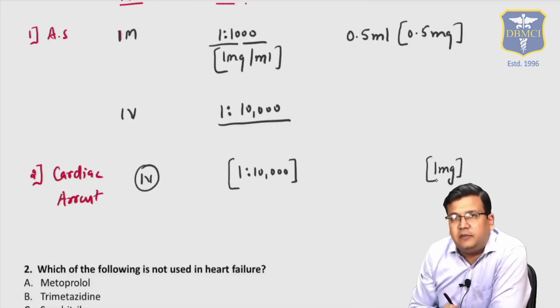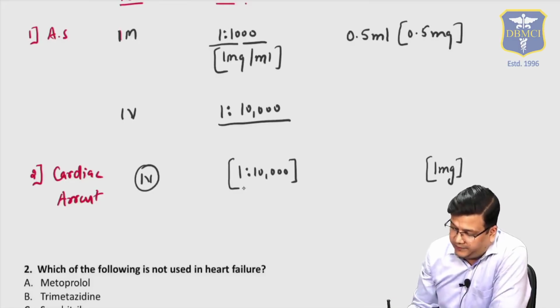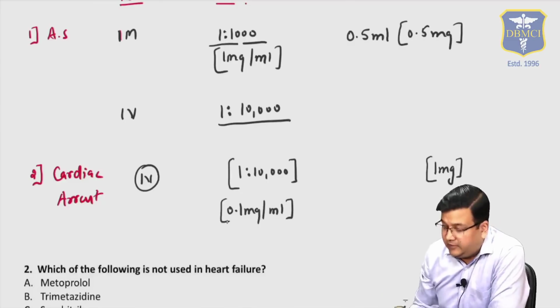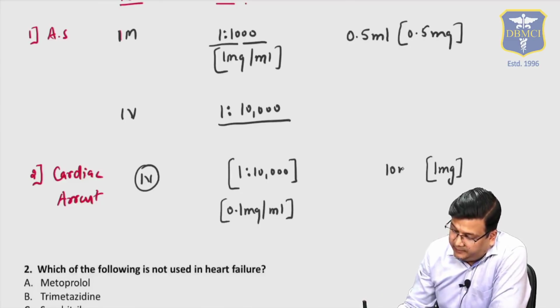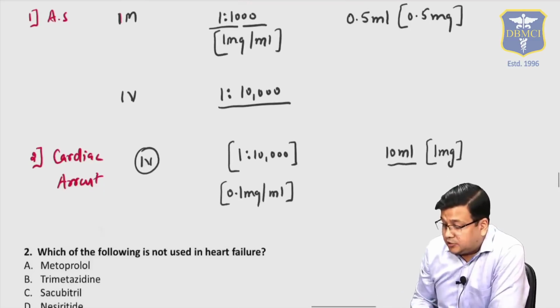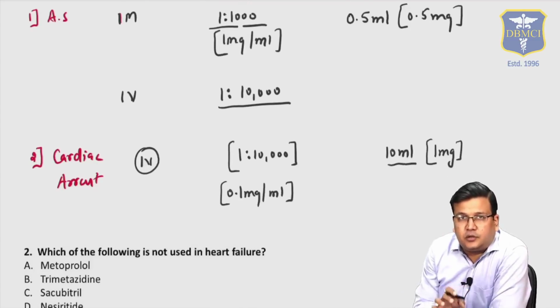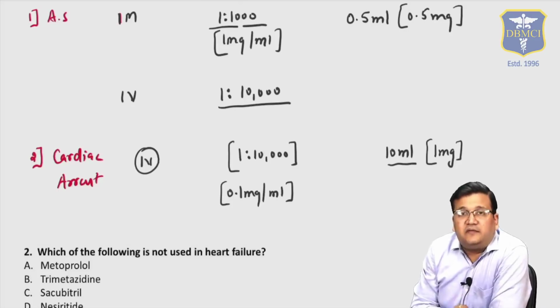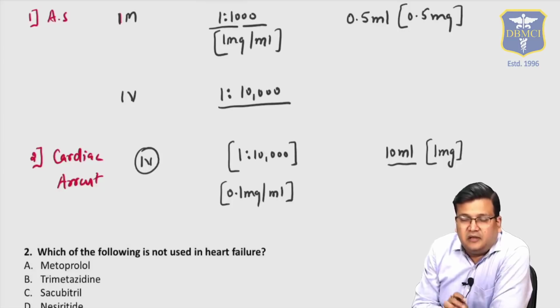The dose is 1 milligram. So 1 in 10,000 means 0.1 milligram in 1 ml. And since we have to give 1 milligram, approximately 10 ml of the solution will have to be injected. So this is the concentration, route and dose of adrenaline for treatment of anaphylactic shock and cardiac arrest. Very commonly asked questions.